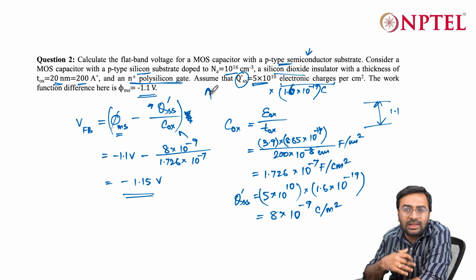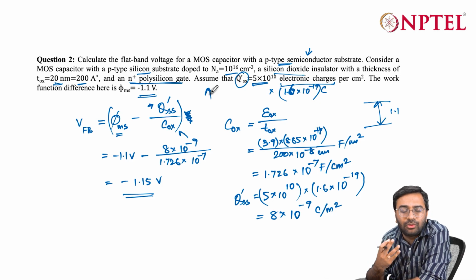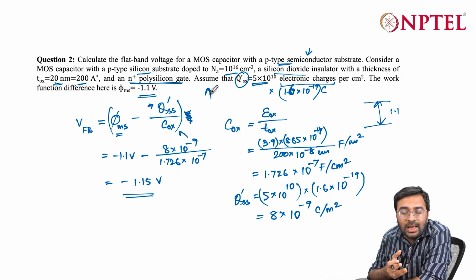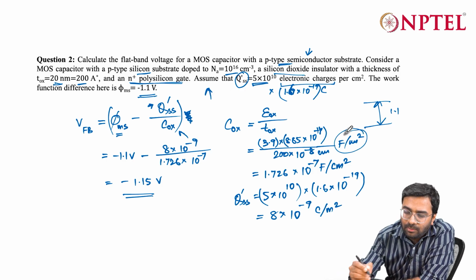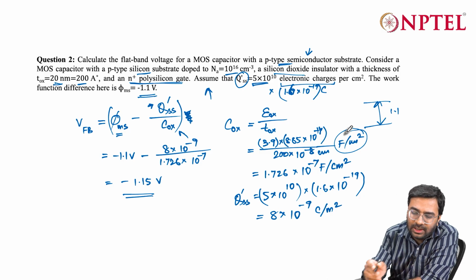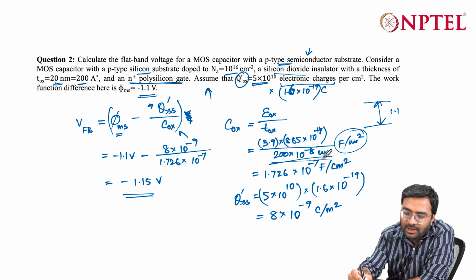There are many other problems related to MOS capacitor. I would recommend all of you to also solve other problems from other sources and practice it, because practice is very important. Again, before I conclude this lecture, I would say that always be mindful about the units that are given, what unit you are using. For example, here I have used the unit centimeter.